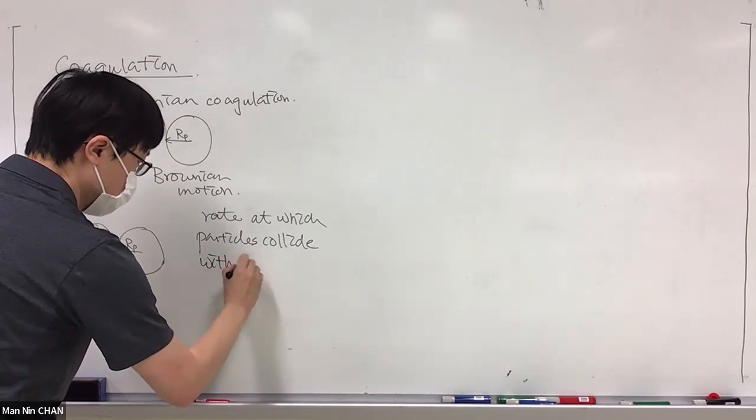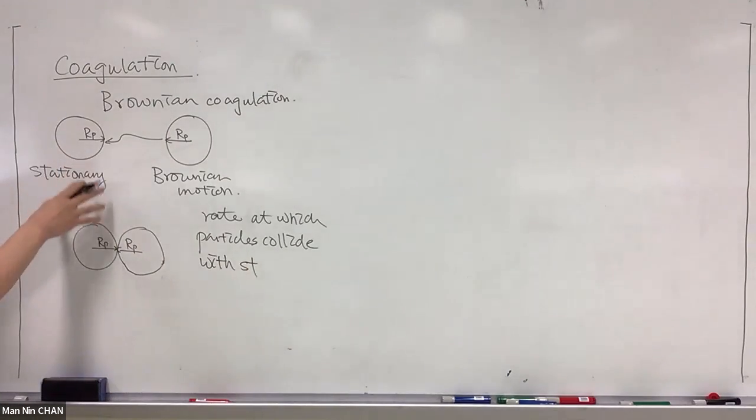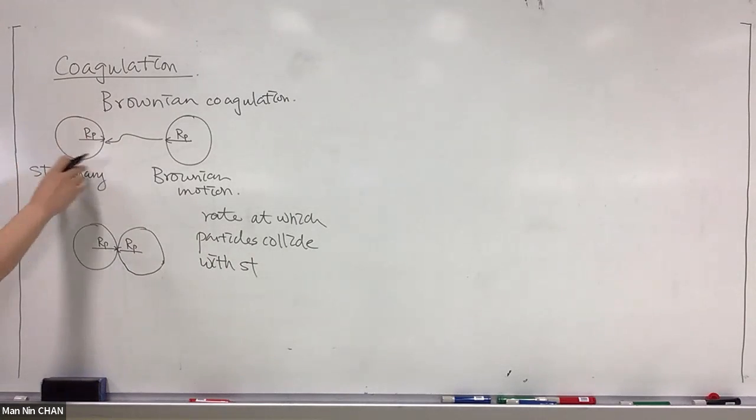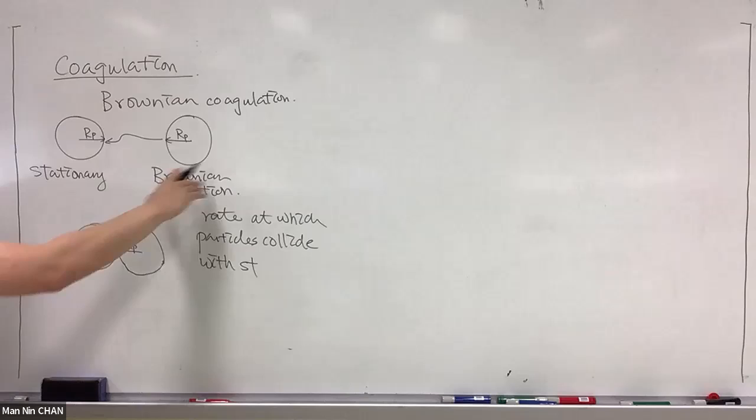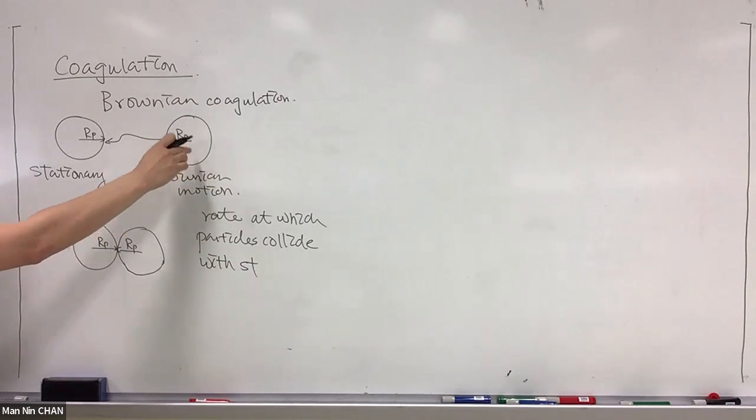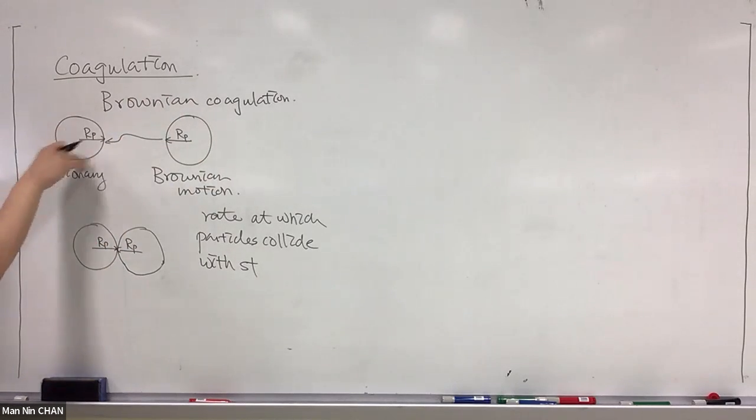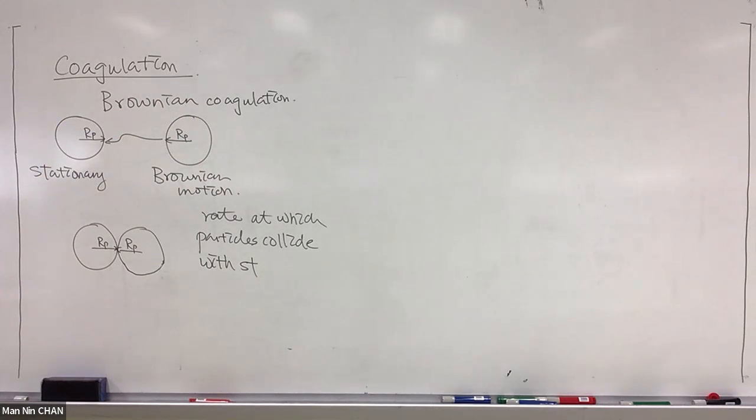We start with this, and then we can relax this assumption. For example, we assume you only have one stationary particle, and then you have a number of particles at the same size that can collide with this stationary particle. So we first look at this collision and the collision rate here.